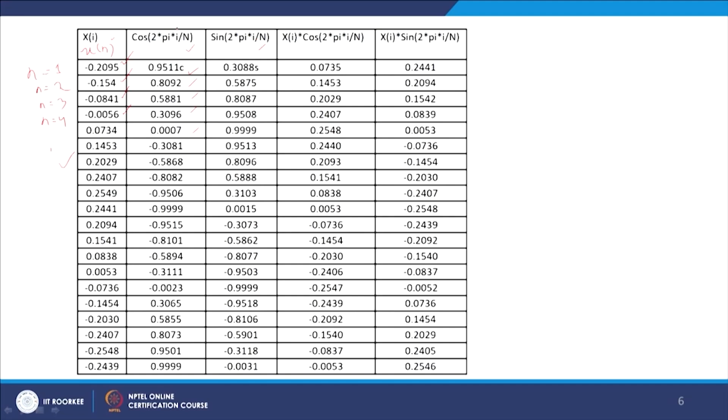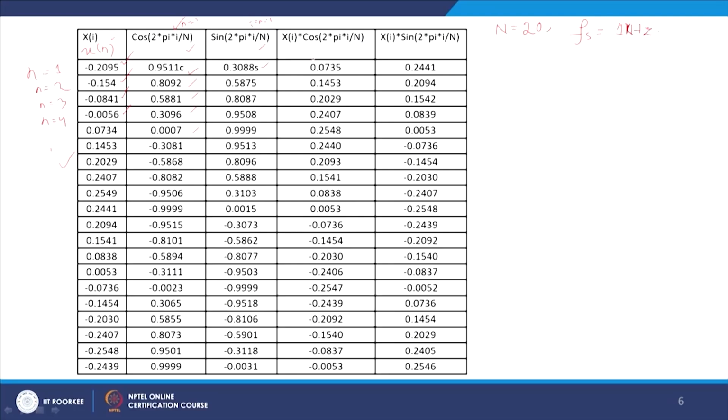When you calculate this for i or n, we can replace it with whatever you like, this is n equal to 1, so this is the corresponding value. Here you should put n equal to 20, because the sampling frequency we have mentioned here is 1 kilohertz.